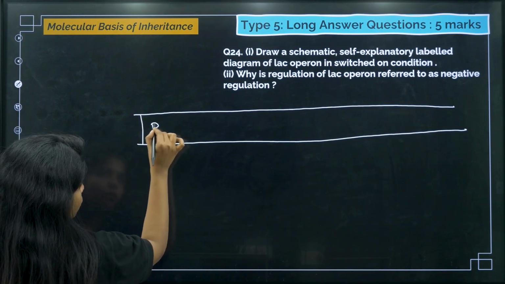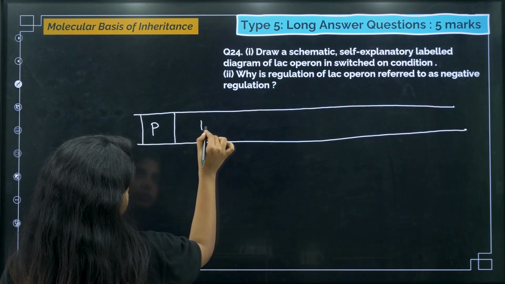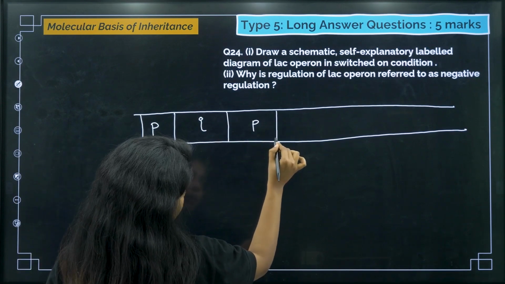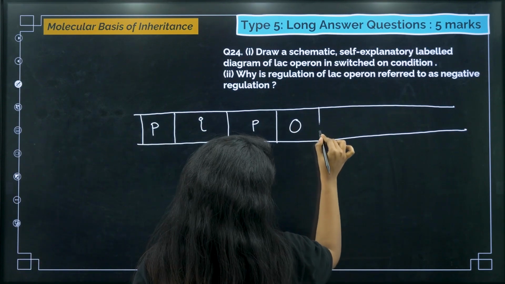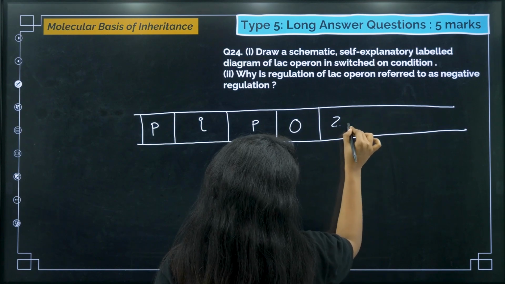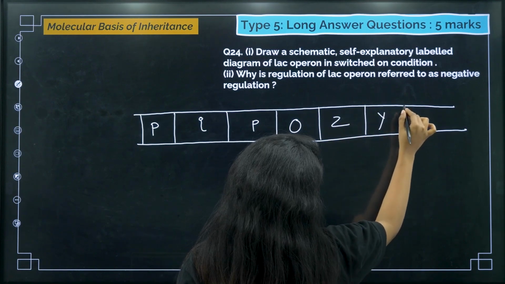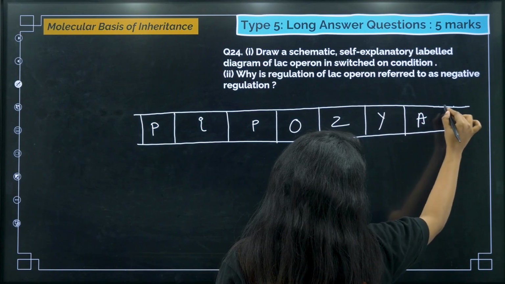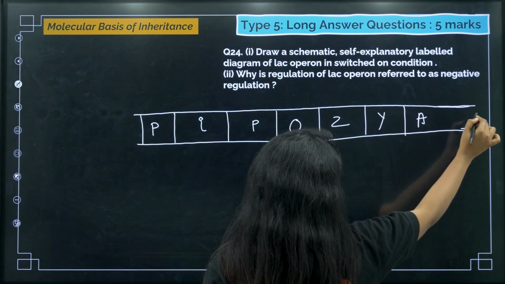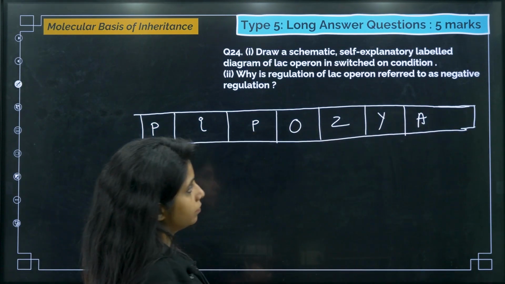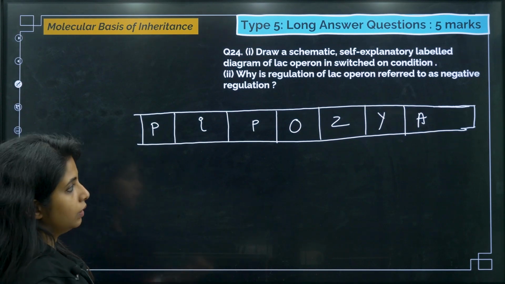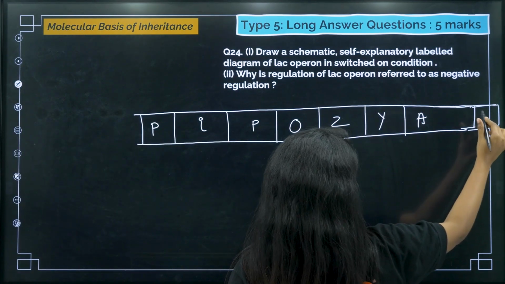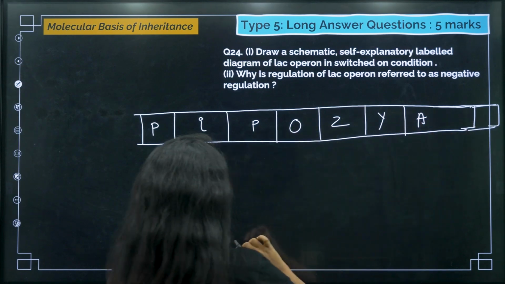This is the promoter of one gene, this is the inhibitory gene, this is the promoter of our gene, this is the operator, this is the structural part of the gene, Z, Y and A. And there will be the terminator as well.